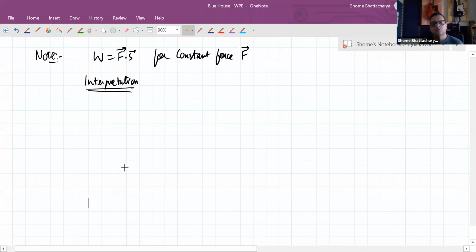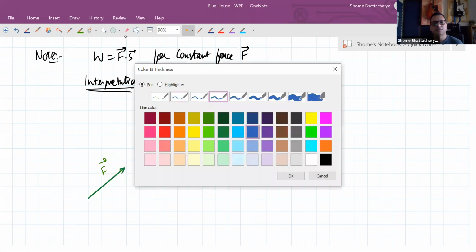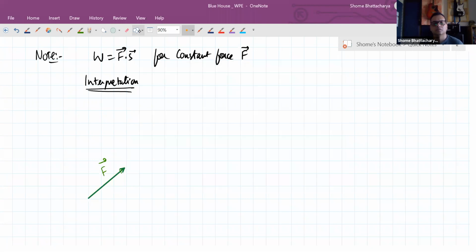So, suppose a force like this is acting on a particle which is making a displacement like this.